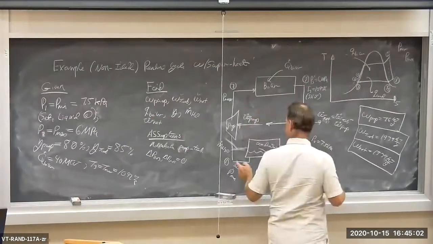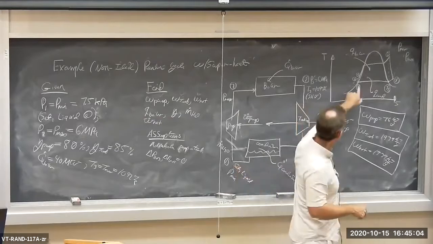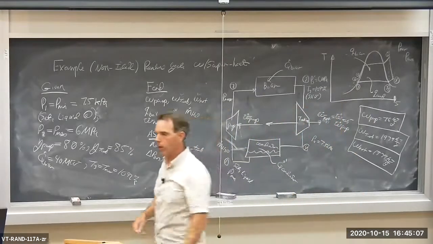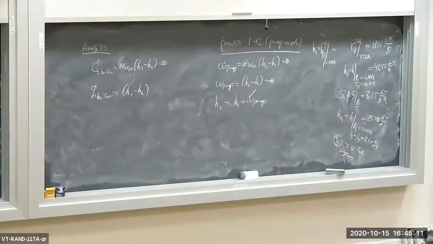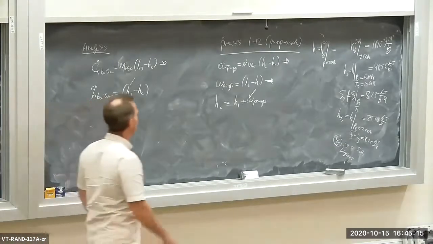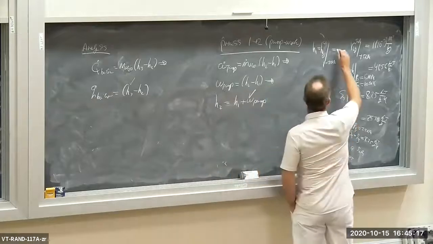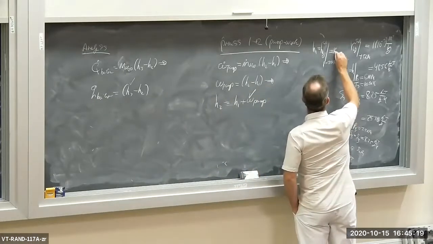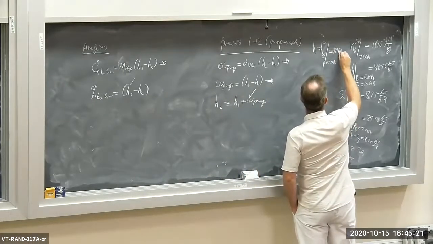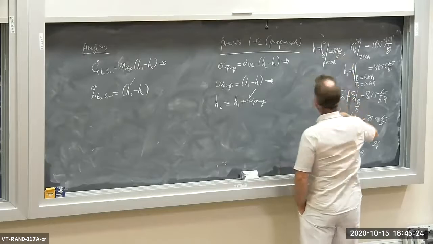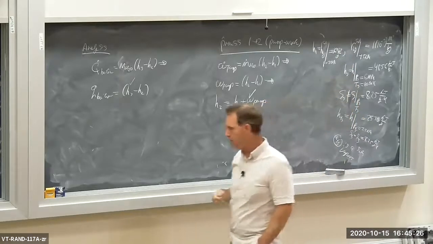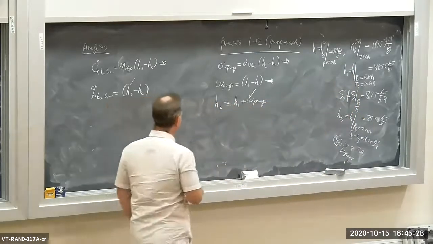State 1 is a saturated liquid. That's pretty easy to do. I can look it up in a saturation table, and I find H1 is actually 169 kilojoules per kilogram. That's interpolated from a table. Now I have H1.